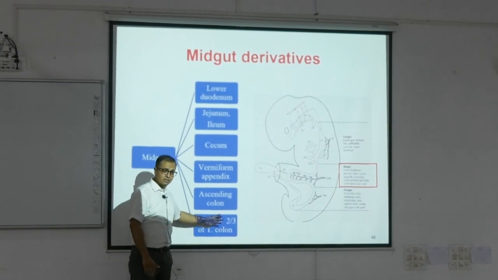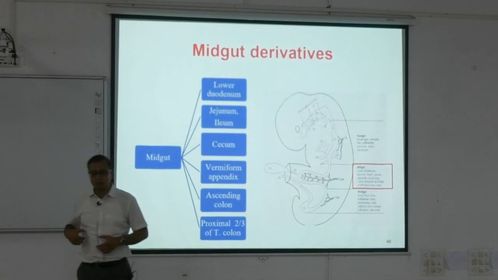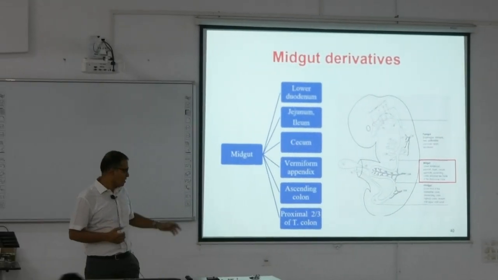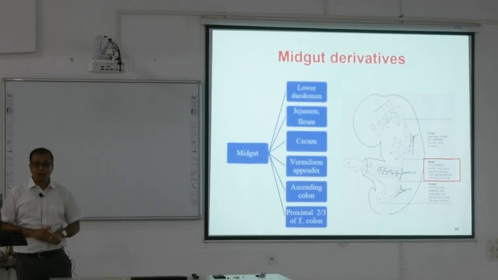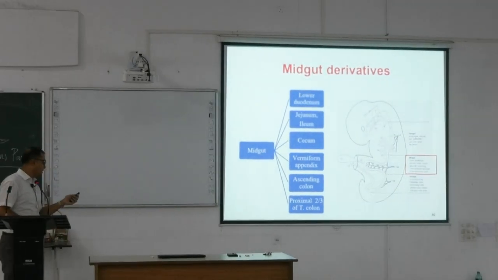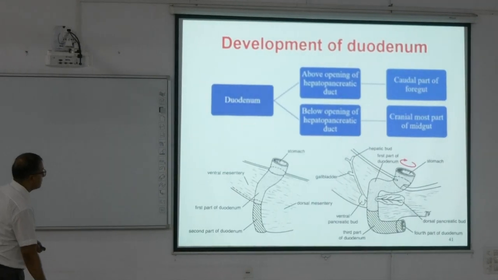Up to the junction of the proximal 2/3 and the distal 1/3, the gut is supplied by the superior mesenteric artery. So this is the derivative that we have to know, where this gut is developed from.